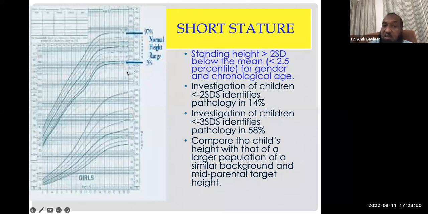But they can also have problems if there are secular trends and changes in the population and the charts are not updated. So every, say, 7-10 years, you need to update your growth charts because there are secular trends and changes in the body build of patients in different populations.